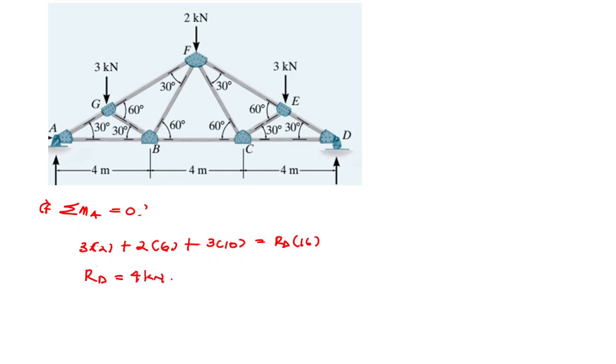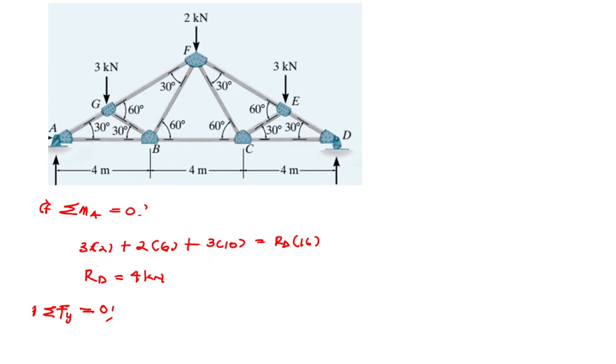4 kilonewton. Okay, since the structure is symmetrical, your RA is also 4 kilonewton. Although you could find RA by saying summation of Fy, forces in the vertical direction.